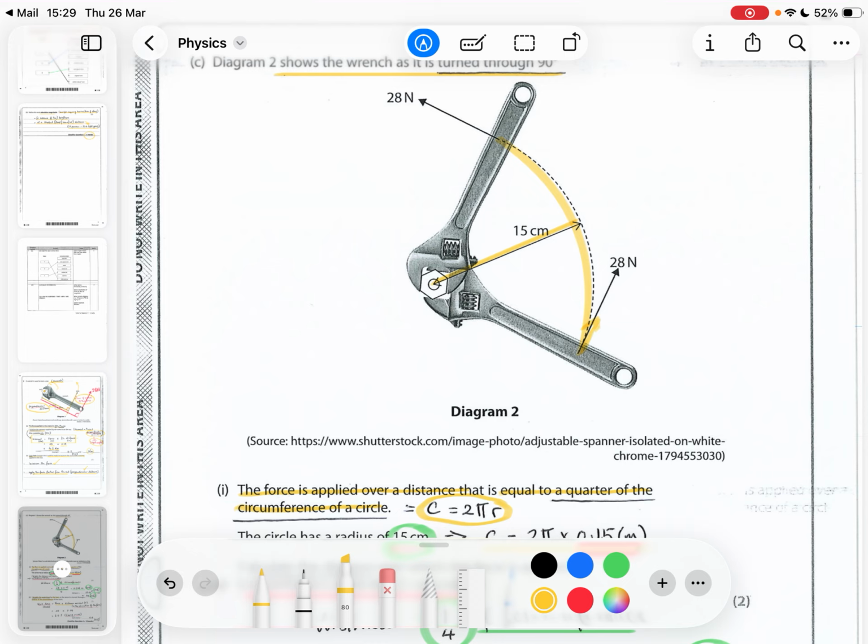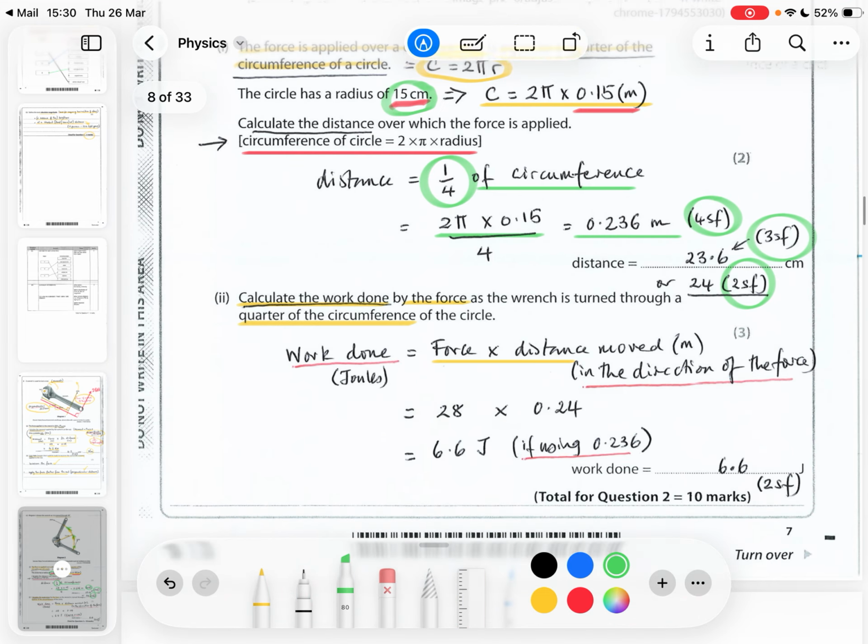At first it's moving that way, here it's moving that way. Here it's moving that way. So the force and the direction, I'm going to draw the direction again in green. The direction is that way. The direction is that way. So the force and the direction are going in the same position, in the same angle, okay?